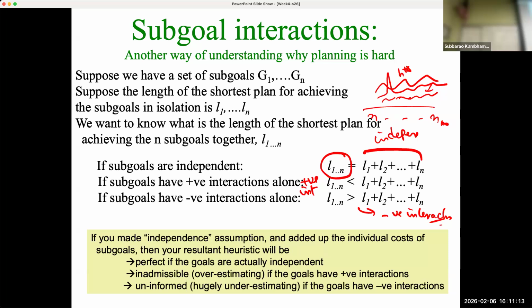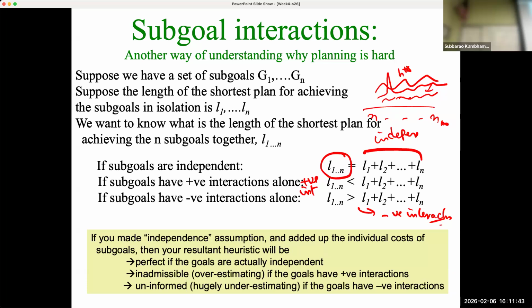Okay. If it is negative interactions alone, then it is greater than L1 plus L2 plus etc. Ln. How much greater? Minimum of all the actions... what? I'm sorry, you're asleep. Because the minimum of actions in the plans will be smaller than the maximum of actions in the plans, so it has to be bigger somehow.